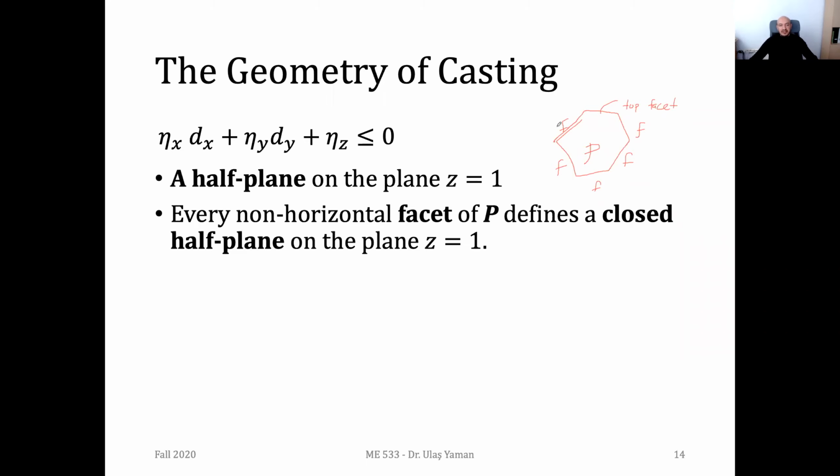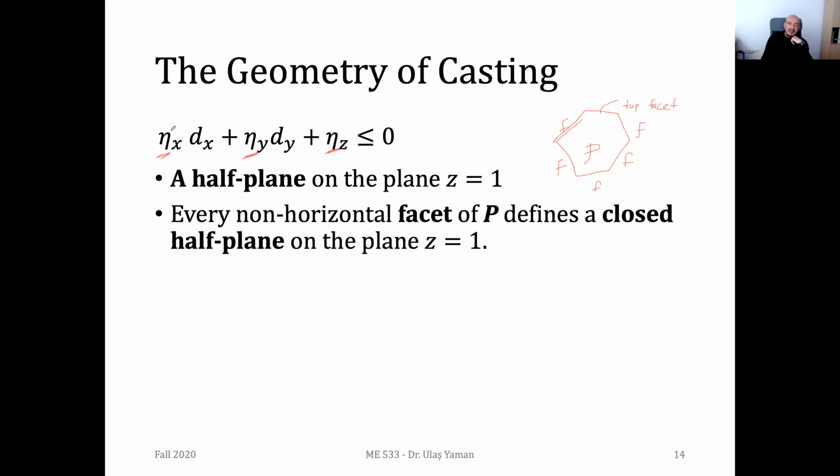And we said that we are trying to find a possible orientation in which we can take our part out of this mold. And we said that we have such half planes. And as you see, these half planes depend on which parameters?